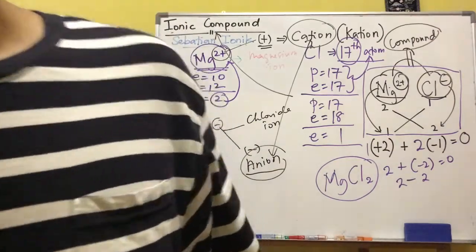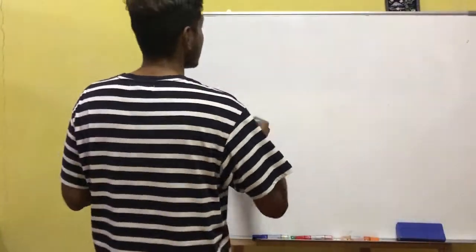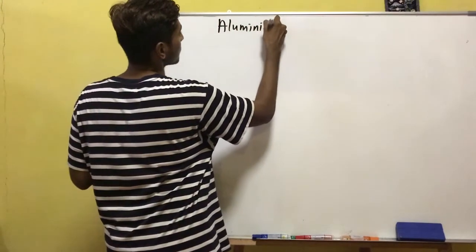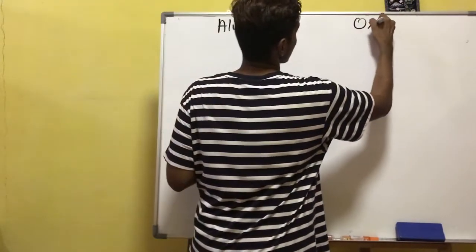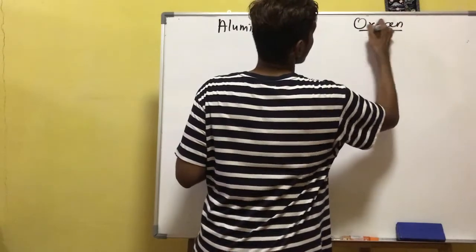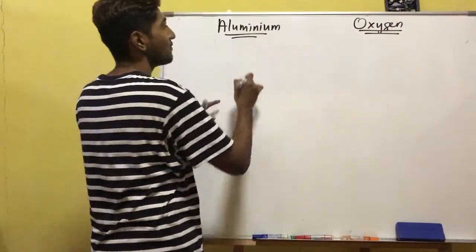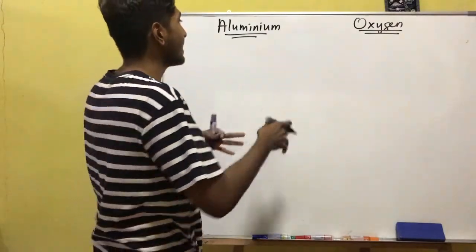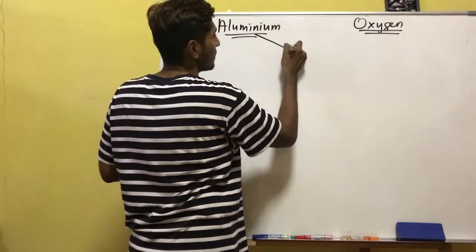Stay tuned. Okay. Sekarang kita akan bincang kalau saya ada aluminium dan kalau saya ada oxygen. So, now I'm going to talk about if I'm having aluminium and oxygen. So what is aluminium and oxygen gonna be?